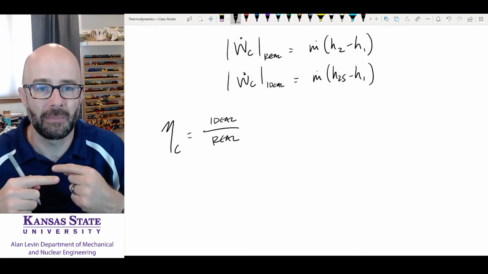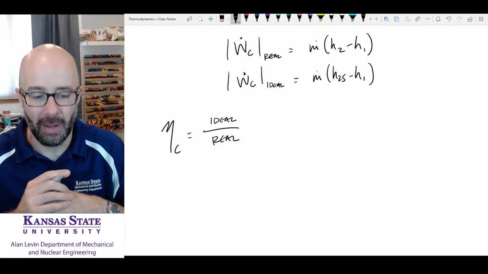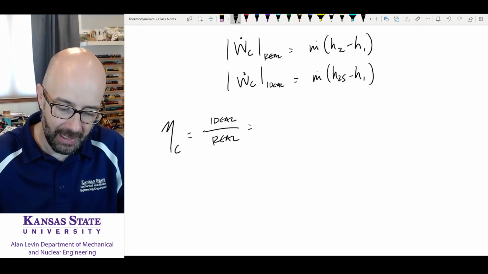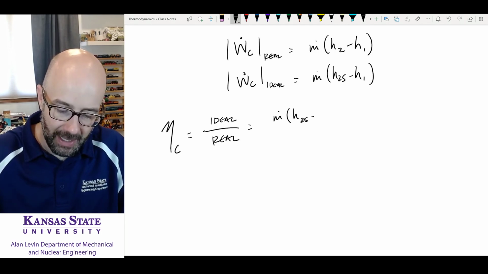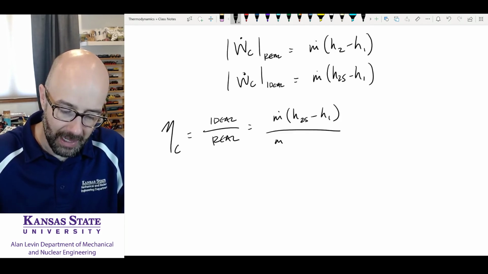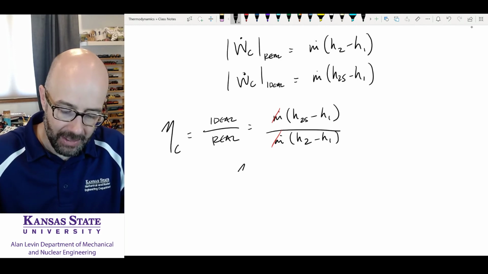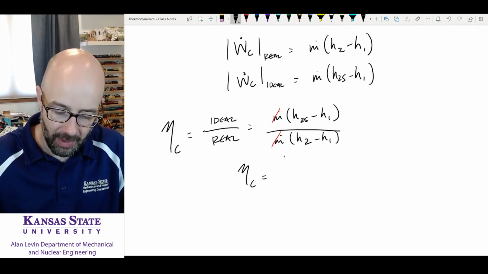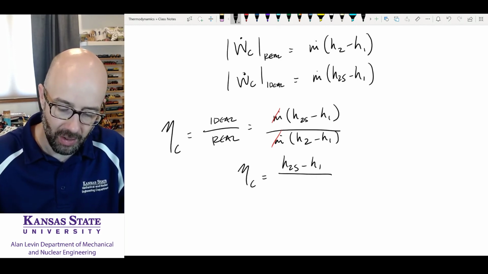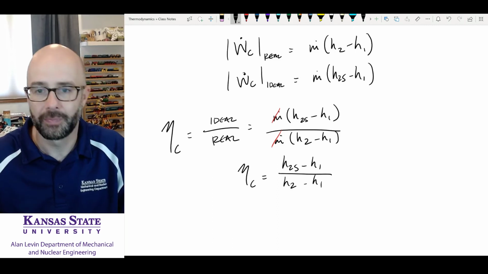This flips them from what we had for a turbine. So it is equal to m dot times h2s minus h1 all over m dot times h2 minus h1. My mass flow rates cancel, and the isentropic efficiency of a compressor is equal to h2s minus h1 all over h2 minus h1.